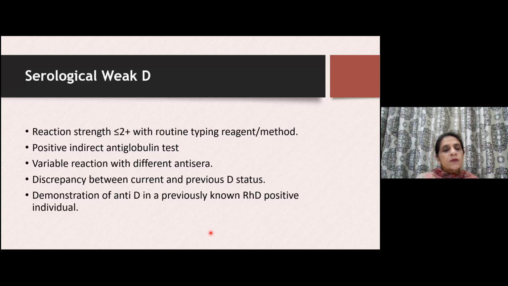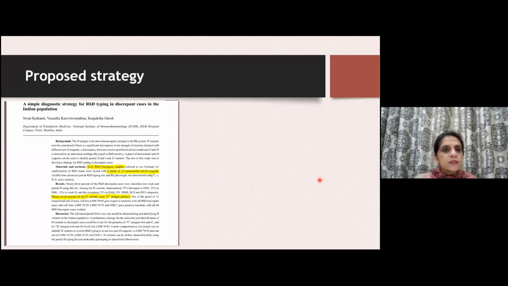So Kulkarni et al. have proposed a simple diagnostic strategy for RHD typing in discrepant cases in the Indian population, because in this study, 60 discrepant samples were referred to their institute for confirmation of RHD status, and they were tested with a partial D typing kit containing 12 monoclonal anti-D reagents. These authors found that 93% of these discrepant samples were characterized using this partial D typing kit.